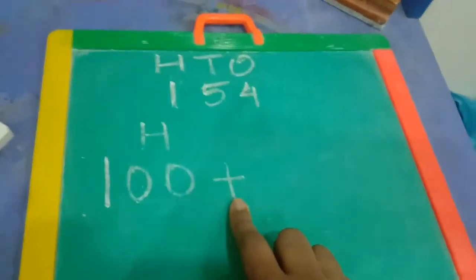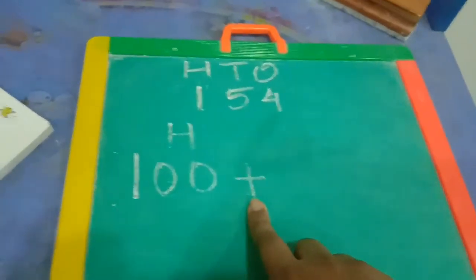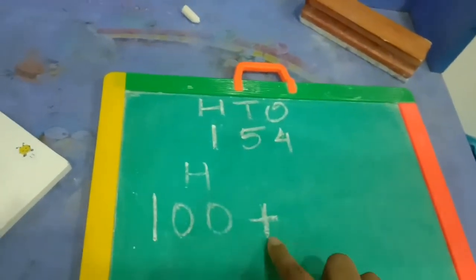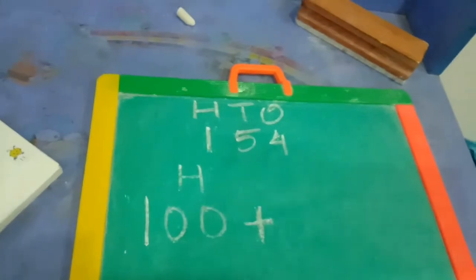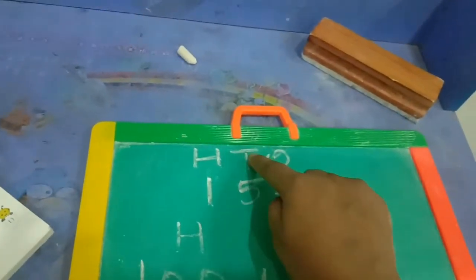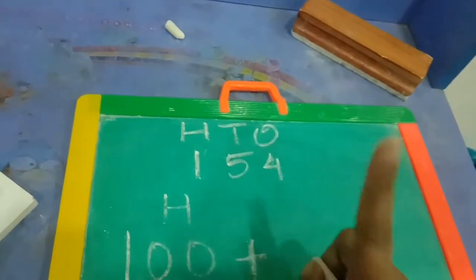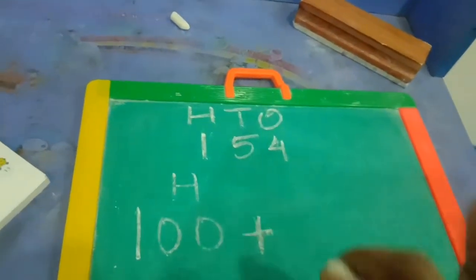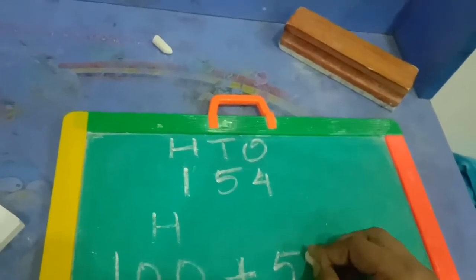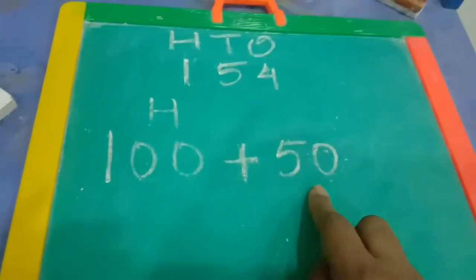Don't forget to write the plus sign, because in the expanded form we give this symbol, okay? So plus, and then 5 is tens. Now tens means you should have a 0, so it will be 50.